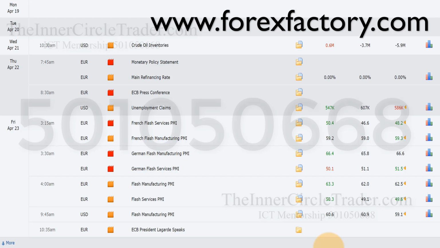On Friday, during the London open, we have the French Flash Services PMI, and then at 3:30 a.m. the German Flash Manufacturing PMI, 4 a.m. again, medium impact drivers, and then at 10:35 a.m. Friday, medium impact, the ECB President speaks.